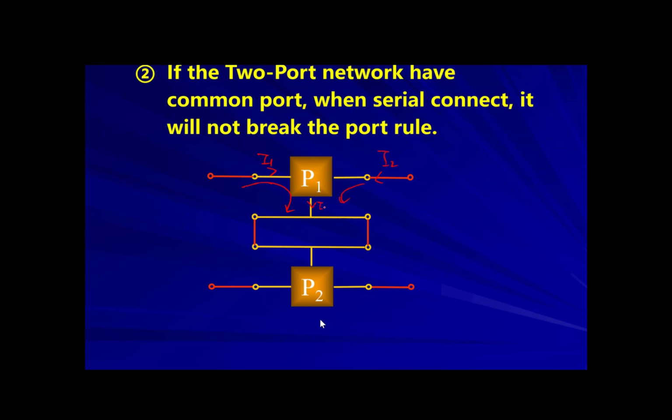So this point is I1 plus I2. This point is I1 plus I2. Because they are common points, a short connecting cable, we can treat this as I1, this as I2. It can be any current. So they're still a two-port network.